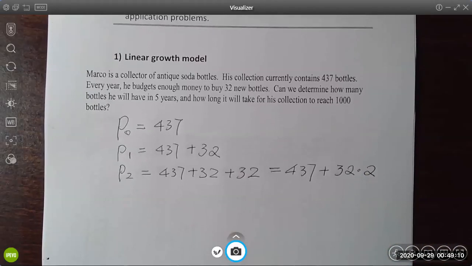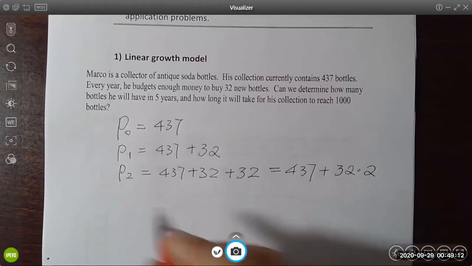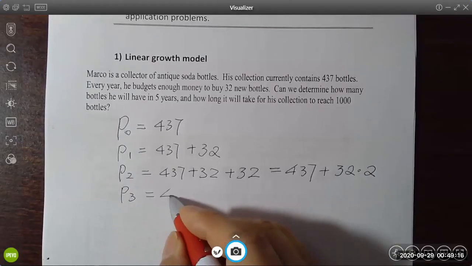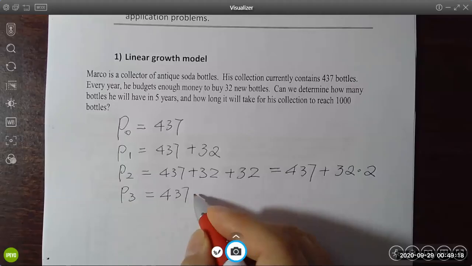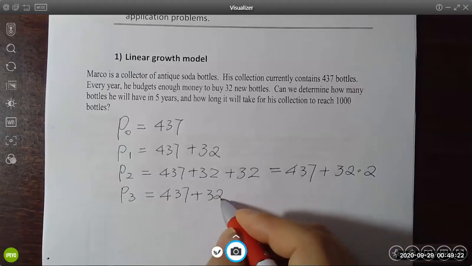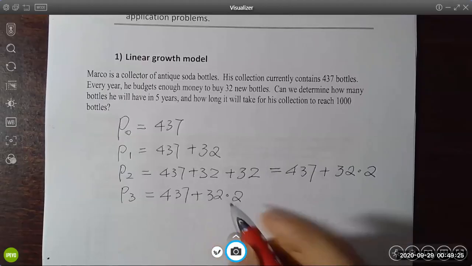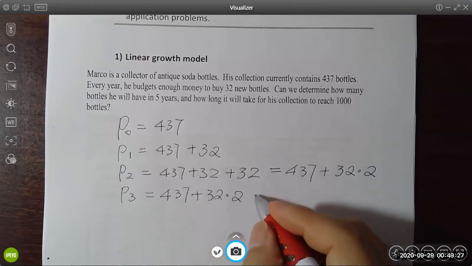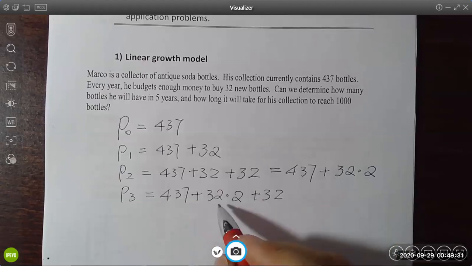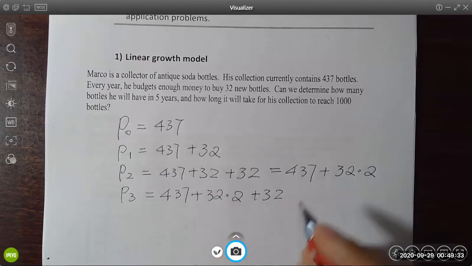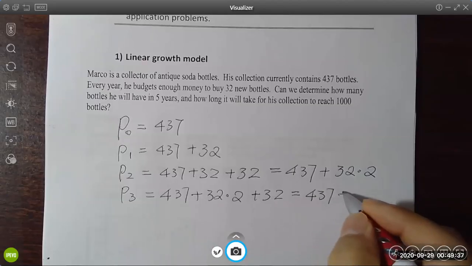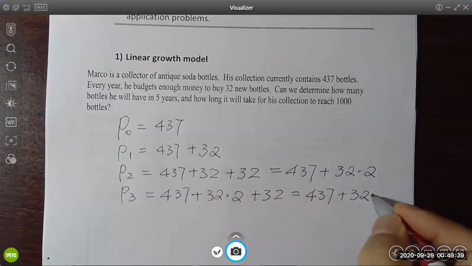Again, we don't do calculation. And the third year will be the previous year's number, 437 plus 32 times 2, plus another 32. So this year he will buy another 32. Two 32s plus another 32, now three 32s. 437 plus three 32s.